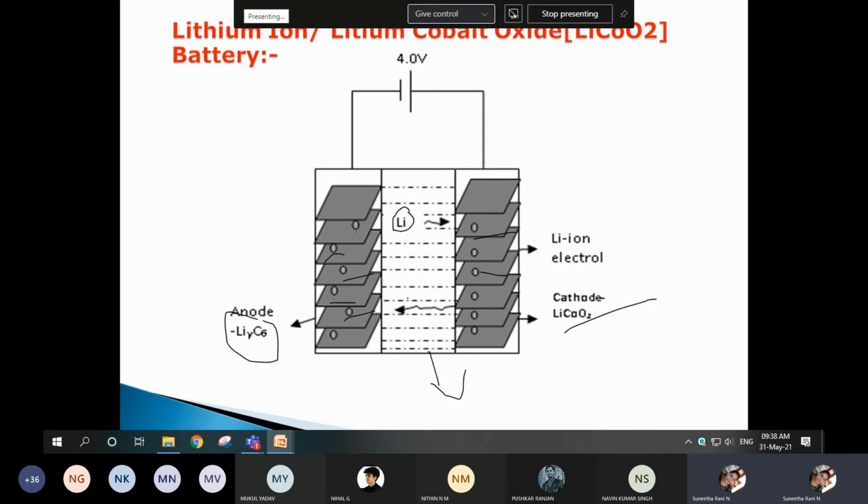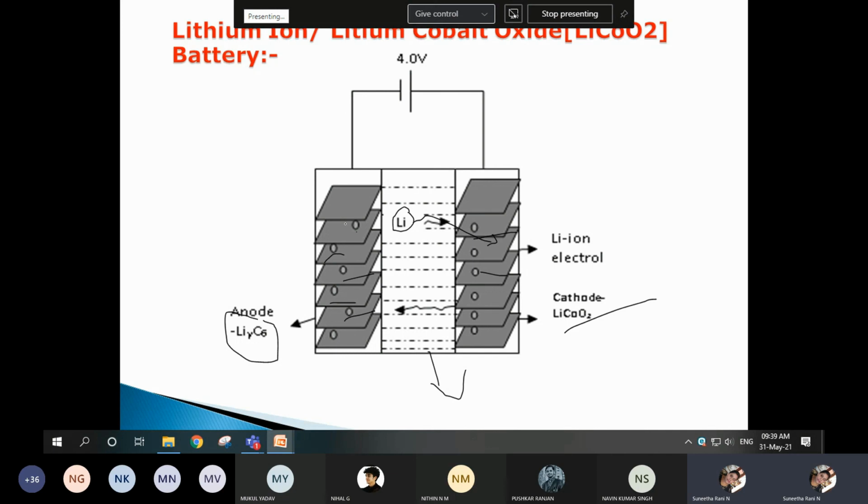The lithium salt solution present in the electrolyte helps these lithium ions move to the cathode plate. Directly it will not move. Whatever electrons are liberated here help in the discharge of electrical energy through the reactions that take place here.